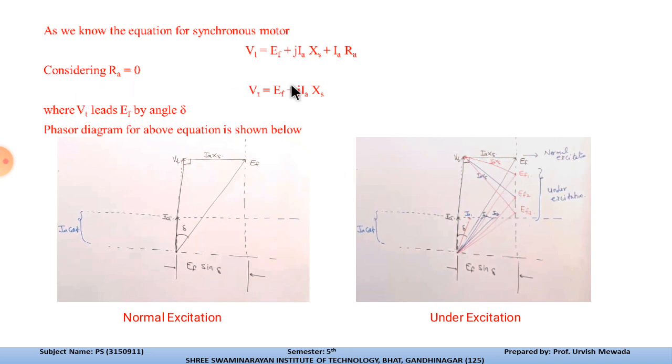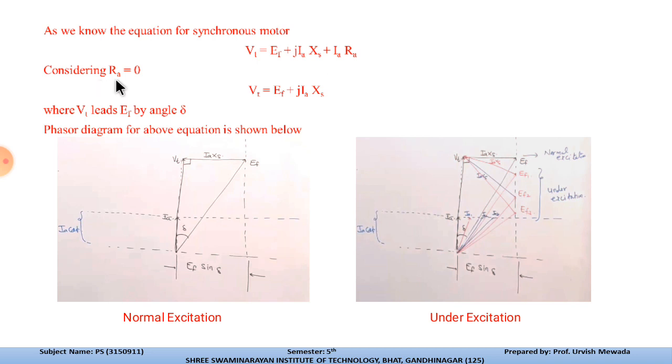Now as we know from the previous theory, the equation of the synchronous machine is that the terminal voltage is a combination of the field emf Ef plus Ia jXs plus Ia Ra. This is the motoring action, so the equation is Vt equals Ef plus this.